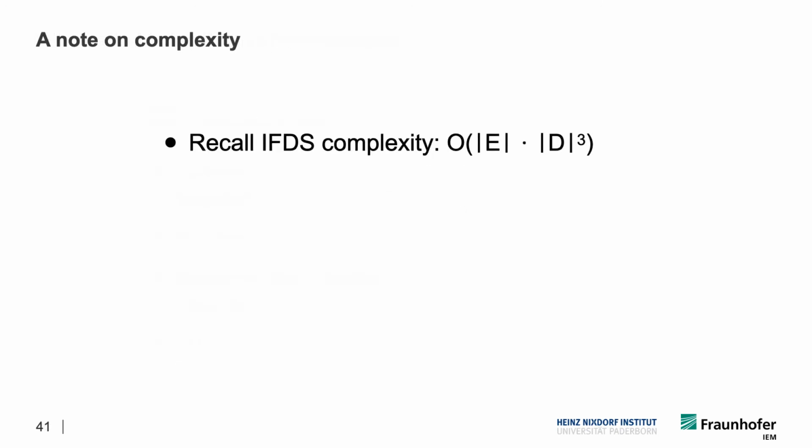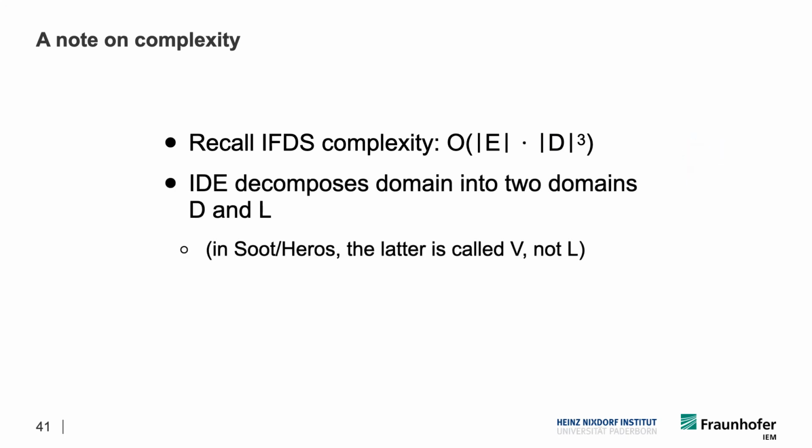But there's still a very nice property about IDE, and I really cannot emphasize this enough. So recall that IFDS has this complexity here, okay? So we are cubic in the size of the data flow domain. And we said that this is a problem if D becomes large, okay? Now in IDE, we essentially decompose this domain D into two domains.